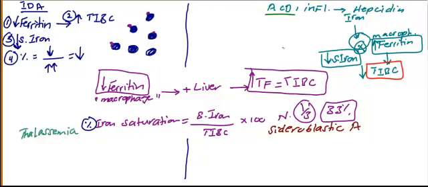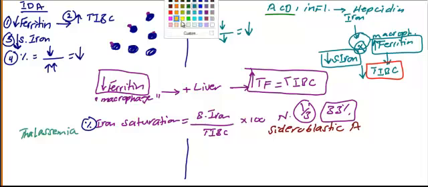How about the saturation? According to the equation, serum iron will decrease and total iron binding capacity will decrease. So saturation definitely will decrease, because you will not have total iron binding capacity, which is transferrin, and you already don't have iron. Okay. How about thalassemia?